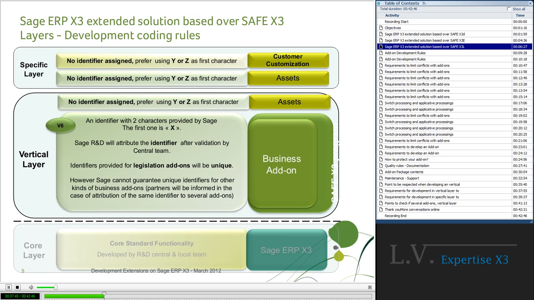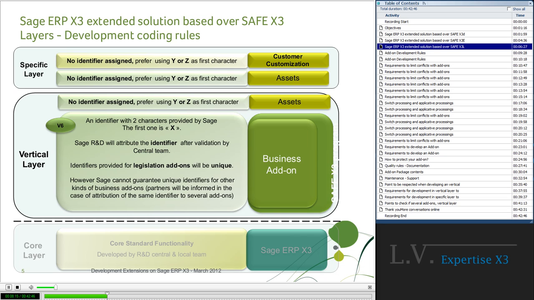As we can have several add-ons in the single customer folder, we have to use an identifier beginning by X for add-ons, business add-ons. So Sage gives an identifier for each add-on.